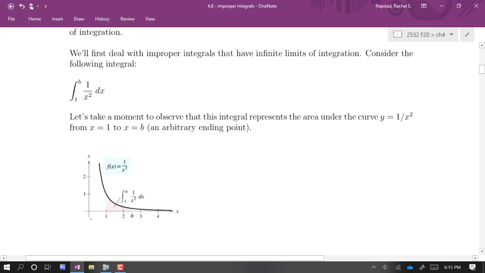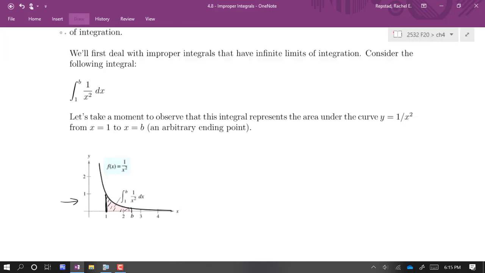Here's a visual conceptualization of this. I think of it as an area under a curve. It's the area under the curve 1 over x squared, starting at 1 and ending at some value b. Here we've drawn it so that b is between 2 and 3, but that could be anywhere. You just stop wherever, that's our value b, and that defines some area. That's what this integral gives us.